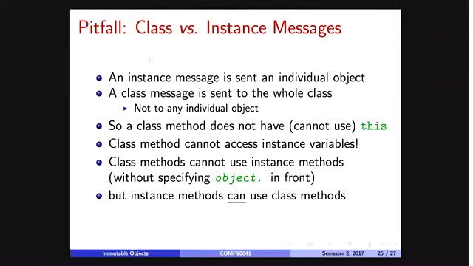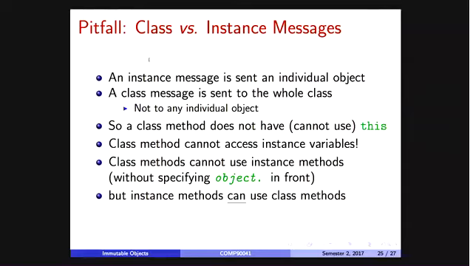Okay, so here's one pitfall, and we were sort of going over this earlier. There's a difference between instance variables and class variables, and a difference between instance methods and class methods. And it's really important to have this distinction down pretty well.